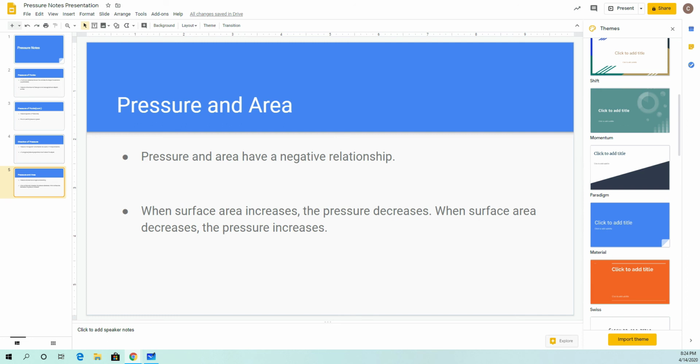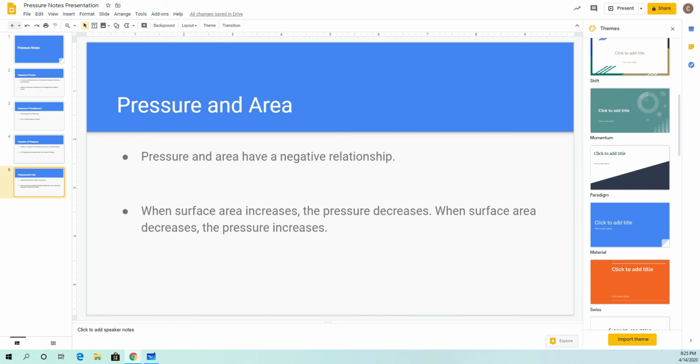Your palm is bigger than your finger. The palm has a greater surface area, so the pressure is lower. So as surface area increases, the pressure decreases. When surface area decreases, the pressure increases.